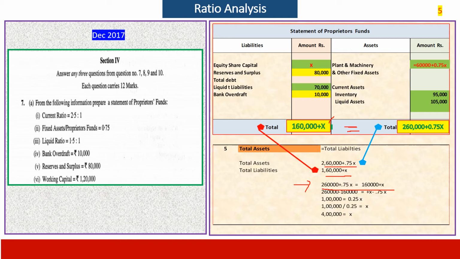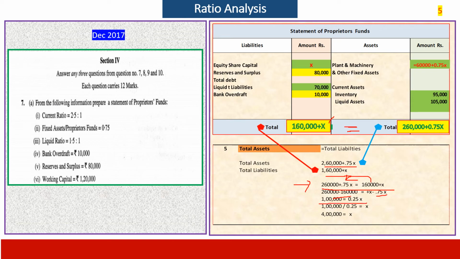Now, if we shift it, this is plus here. When we change the side, it becomes 2,60,000 minus 1,60,000. Here it is plus 0.75X. Take it to the other side, it becomes minus.